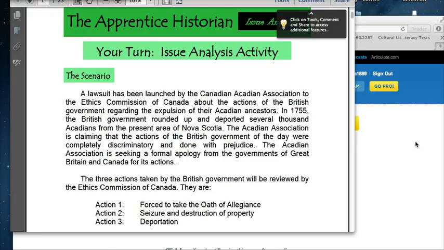First, there is in each group one action to be considered. The forced to take the oath of allegiance group is the first action. The second group examines the seizure and destruction of property, and the third group, the deportation of the Acadians themselves.